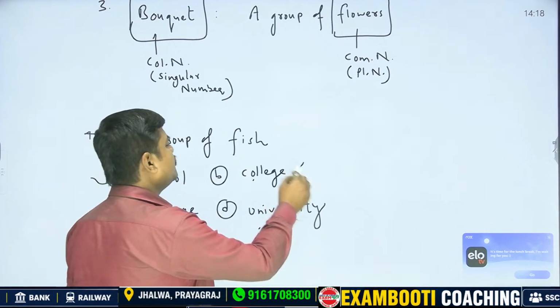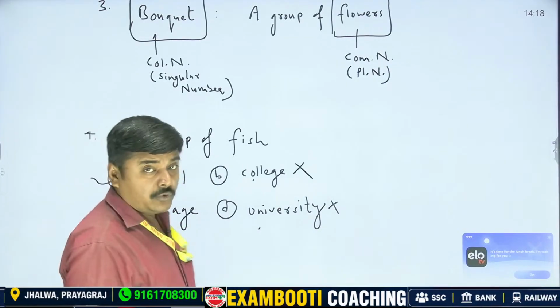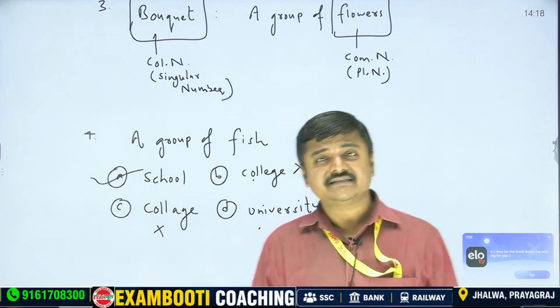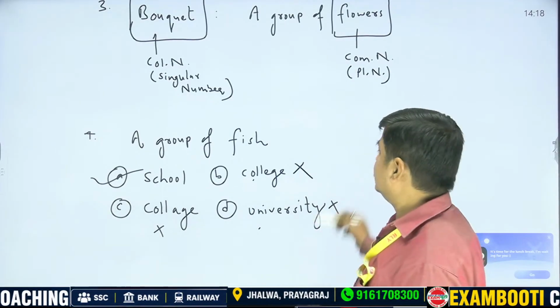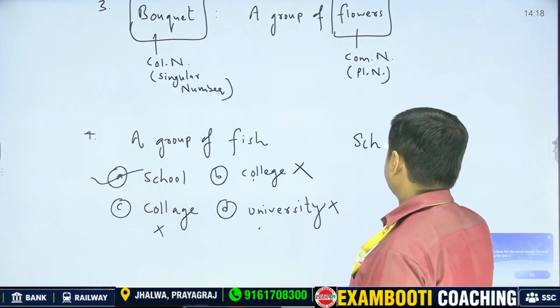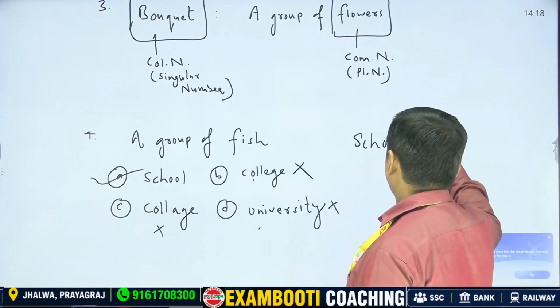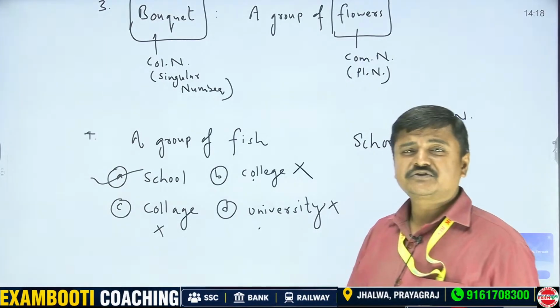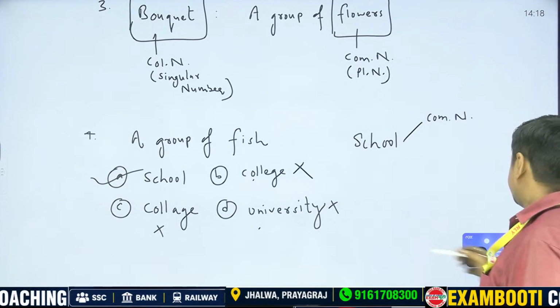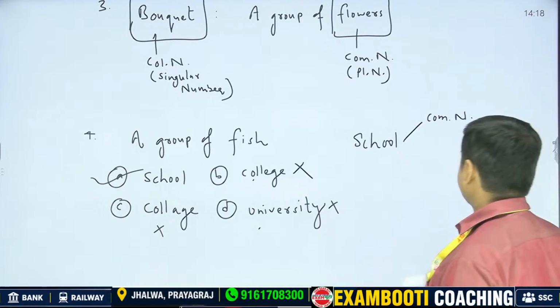Not college, not university, but school. And it means school is considered two types of noun. What you know is school as a common noun, a place where students go to study.